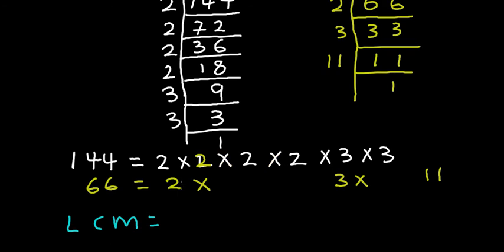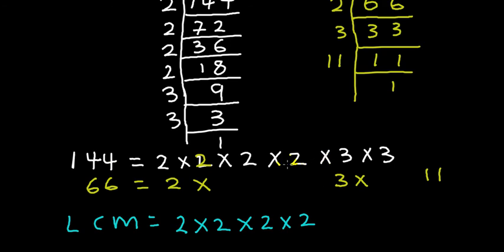Okay, so in the factors of 66 we have just 2 appearing, just 1. So we go for the highest, which is 2 times 2 times 2 times 2, 4 times. So you look for the highest of the factors that produce the given number.